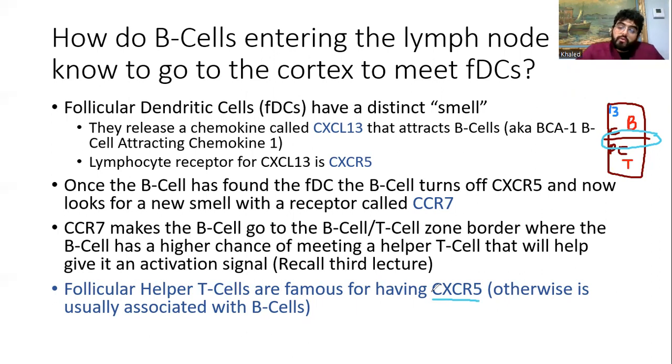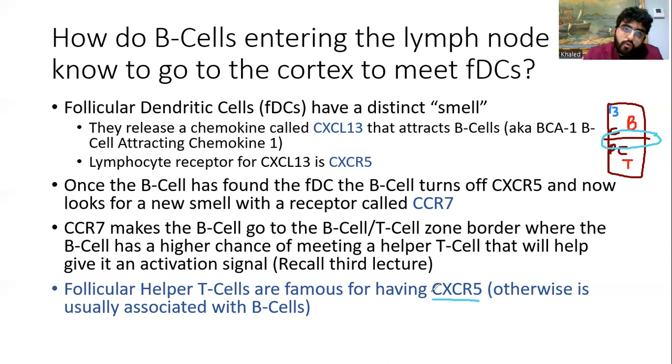So you might deduce that in the T cell area, it probably exists at the periphery, in the B cell T cell border transition area, because that part of the T cell area is closest to the B cell area, where the smell of CXCL13 from follicular dendritic cells is probably more potent. And that's exactly right. You'll notice that follicular helper T cells, which we'll talk about soon, do localize towards the T cell B cell border because that part is closer, quote unquote, to the heart of the smell, which is the follicular dendritic cell.